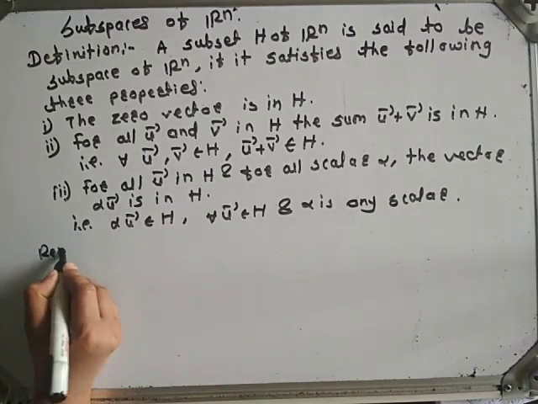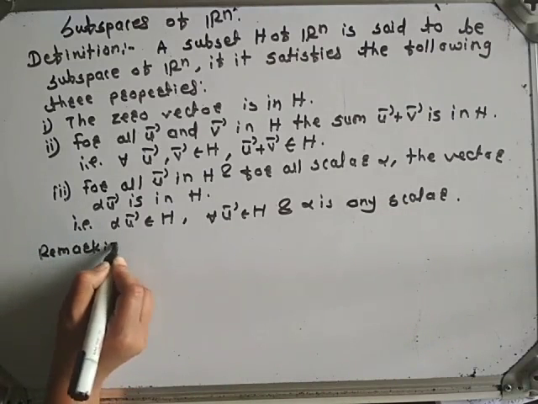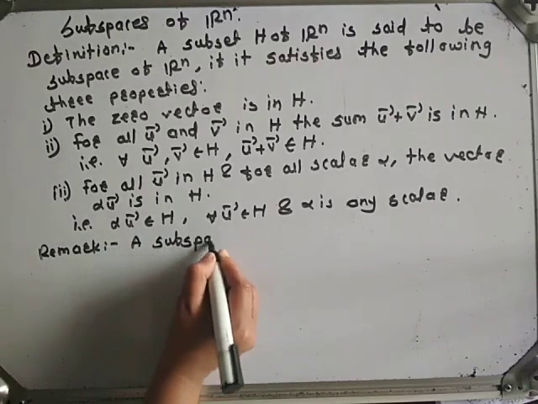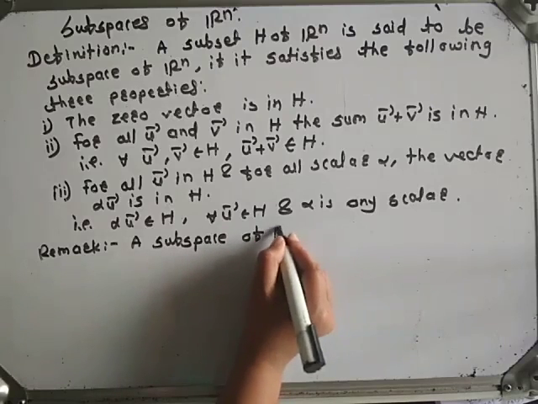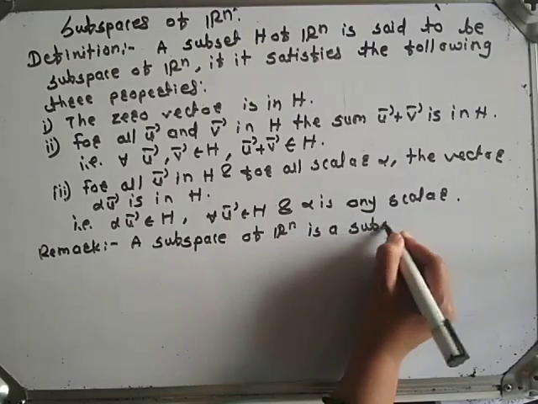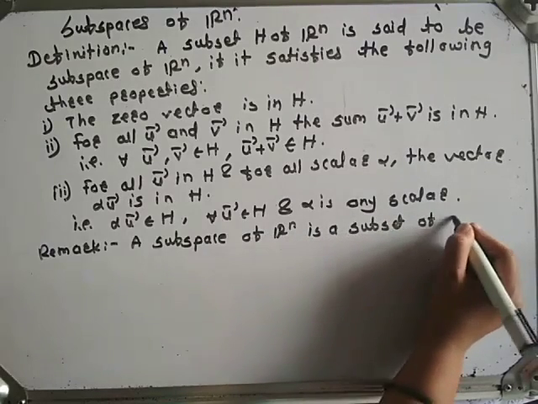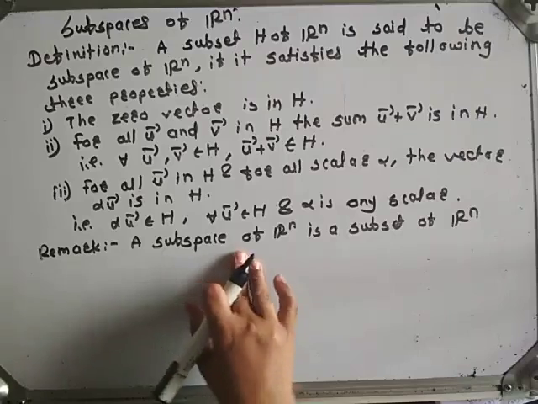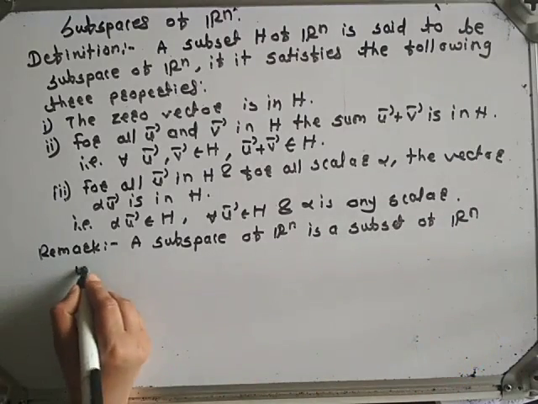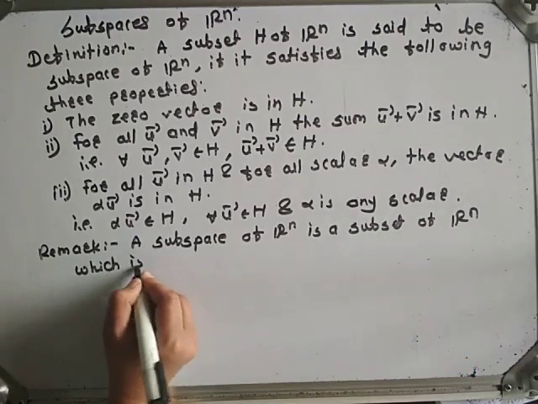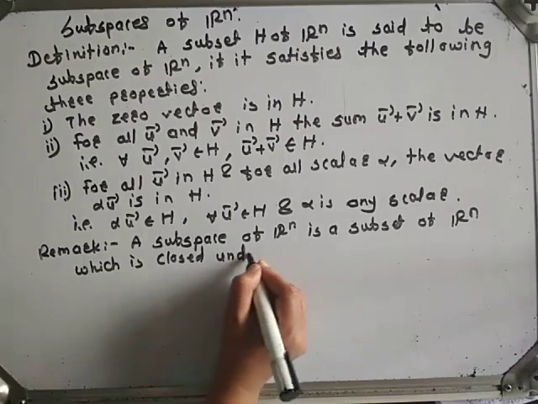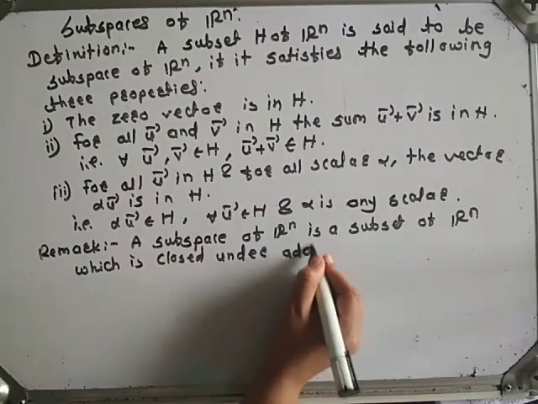Let us write down one remark. Remark: a subspace of Rn is a subset of Rn which is closed under addition and scalar multiplication.